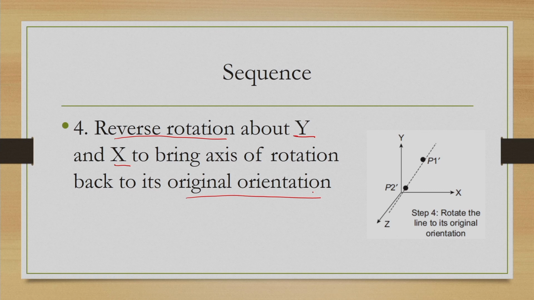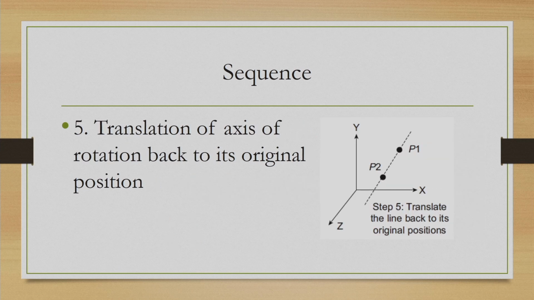While aligning, we rotated it with respect to x first and then y. Since now we are reversing the operation, we rotate it with respect to y first and then x. And in step 5, what do we do? We then translate it back to its original position, which is the last step.